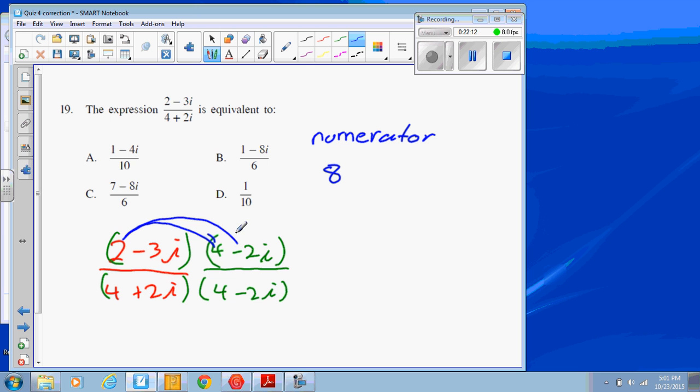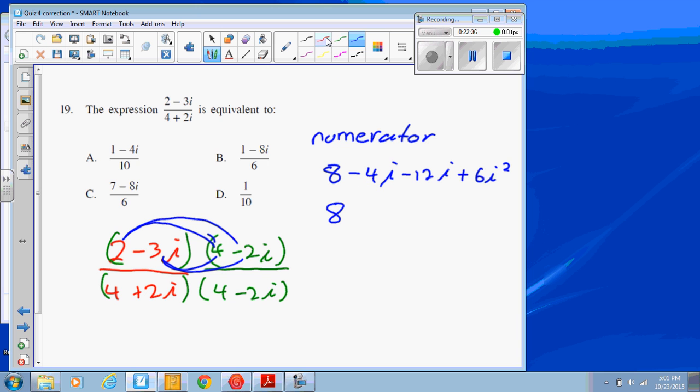And then I have 2 times negative 2i is minus 4i. And then the bottom is going to be negative 3i times 4, which is minus 12i. And then negative 3i times negative 2i is positive 6i squared.